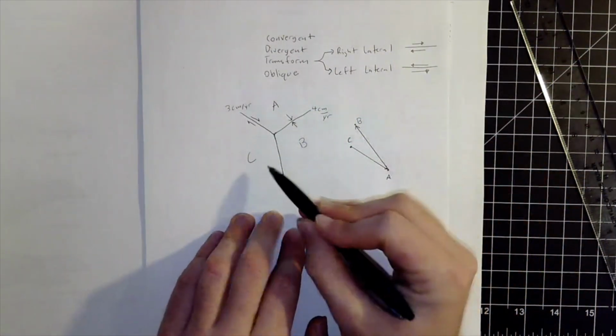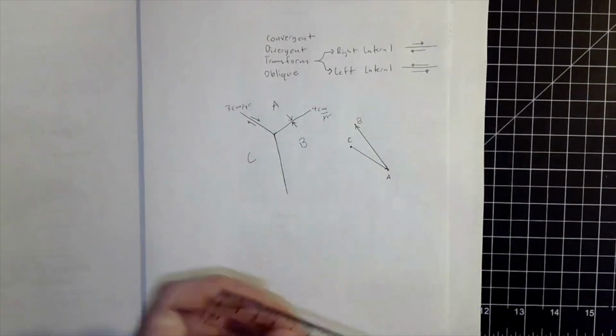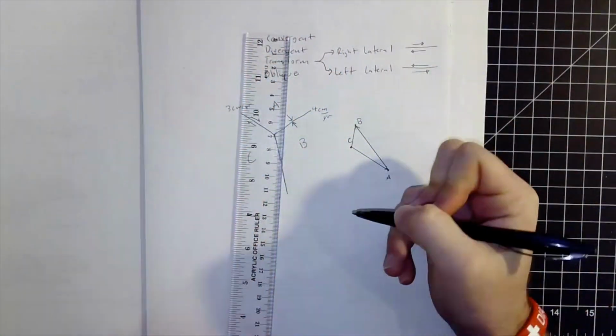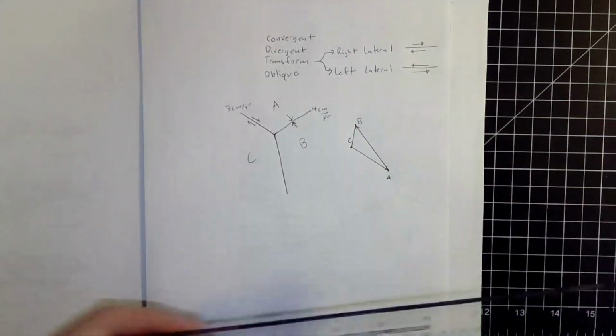We're going to say, what is C's relative velocity compared to B? So we can just connect them, and it helps me at least to think about fixing one of them again.